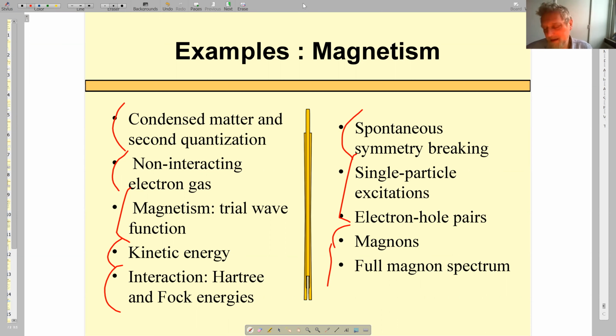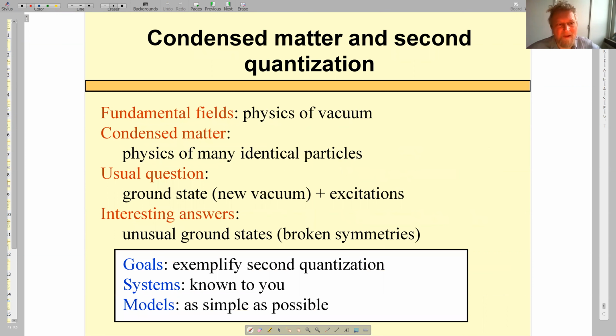Right. So let me just understand the problem from a bit philosophical point of view.